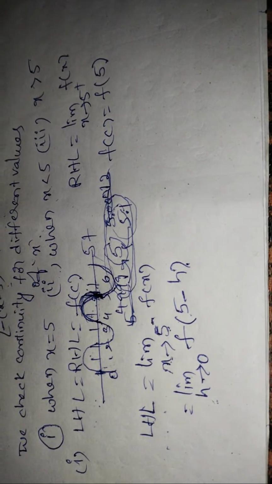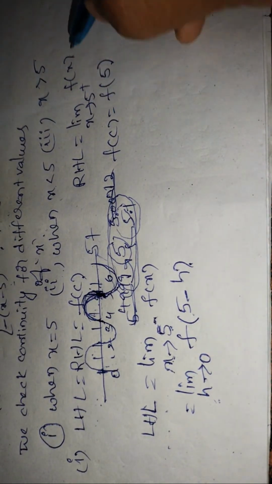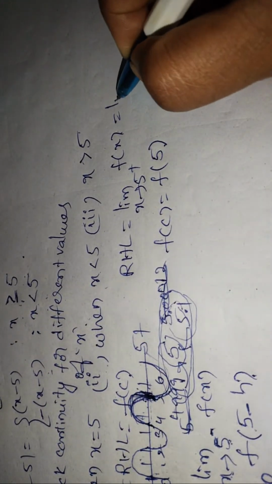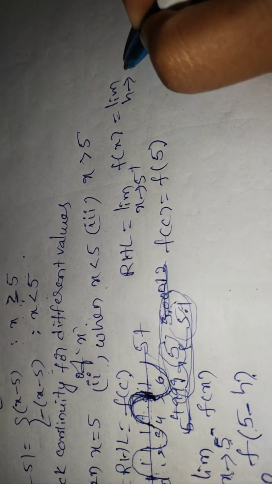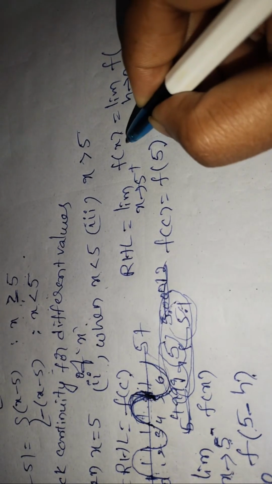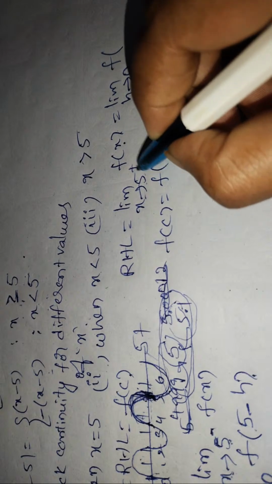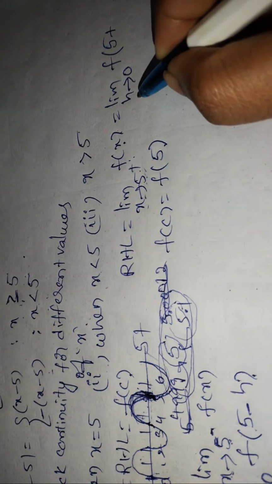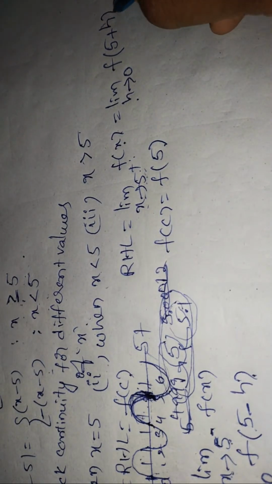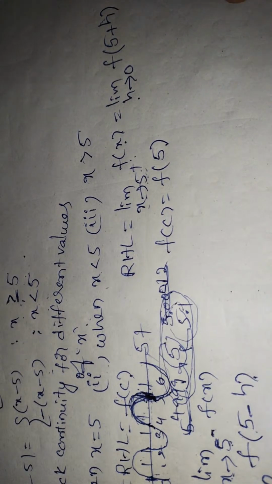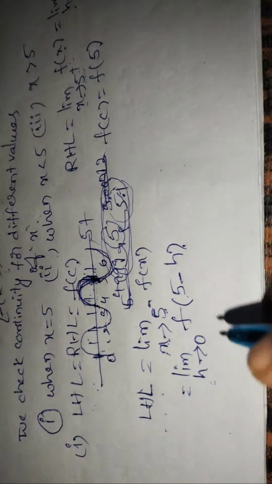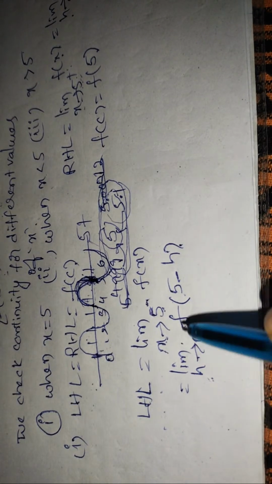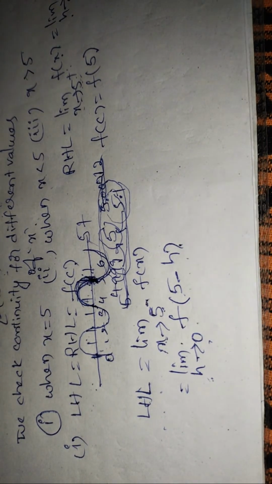So this is the formula. Suppose in the RHL, how can I write the same formula? h tends to 0, f of x is replaced by 5 plus, since x tends to 5 plus, and in the x plus there is h. The variable is h, so 5 plus h. Now I will solve this LHL. LHL is limit h tends to 0 of f of 5 minus h. So this is the LHL. Now I will write the function.